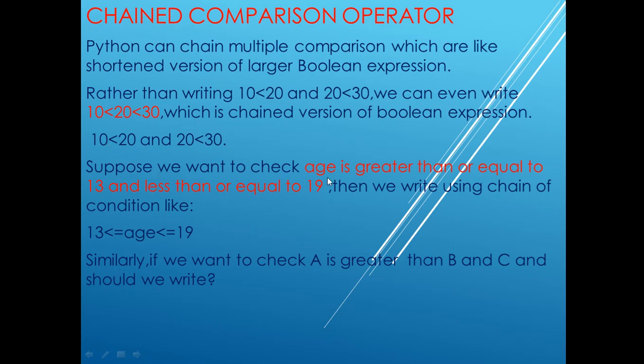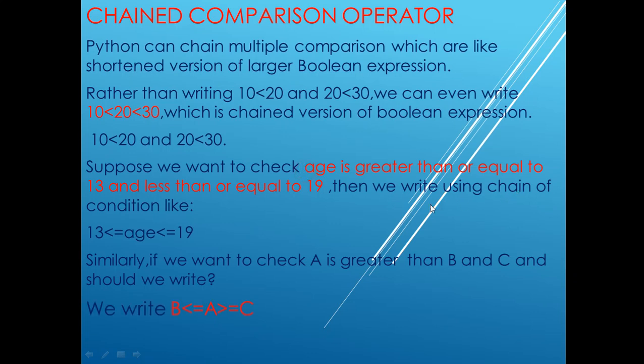Now another situation. Suppose we want to check that age is greater than or equal to 13 and less than or equal to 19. Two things are related here. How will you write it with the chained version?